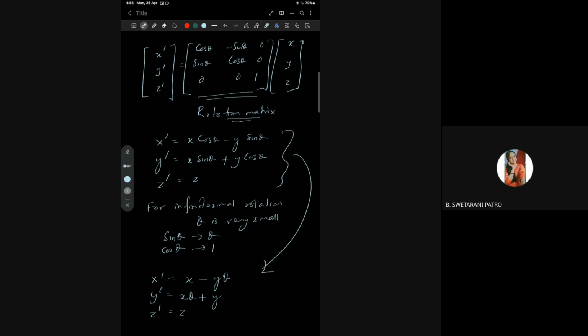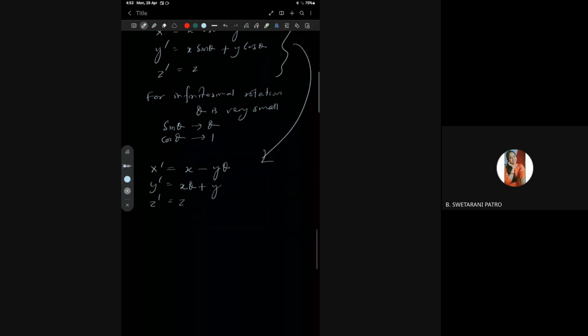Now, what happens? The wave function at a point x, y, z, that is psi(x, y, z), must be equal to the value of the final wave function at x prime, y prime, and z prime. That means rotation should not change the wave function. Rotation should not change the wave function.